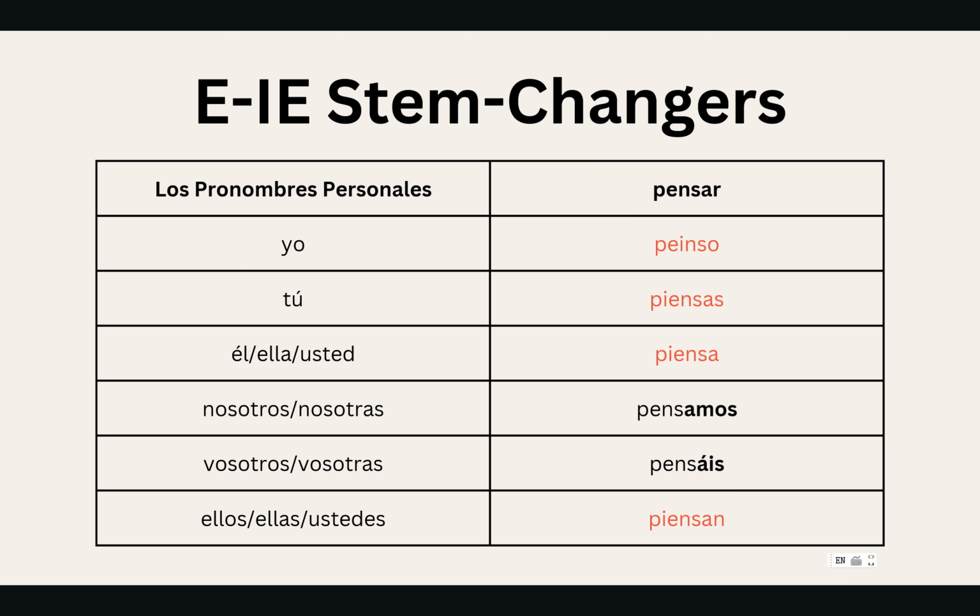Él, ella, usted piensa. Nosotros, nosotras pensamos. Vosotros, vosotras pensáis. Ellos, ellas, ustedes piensan.